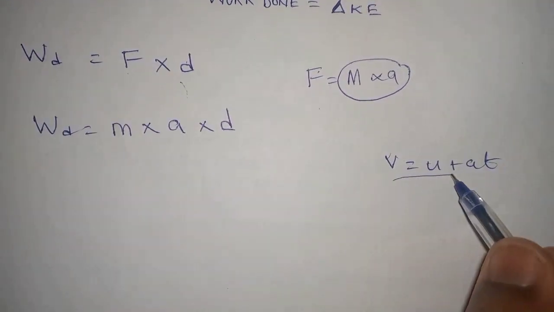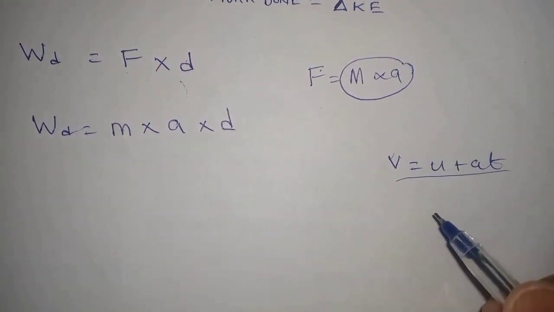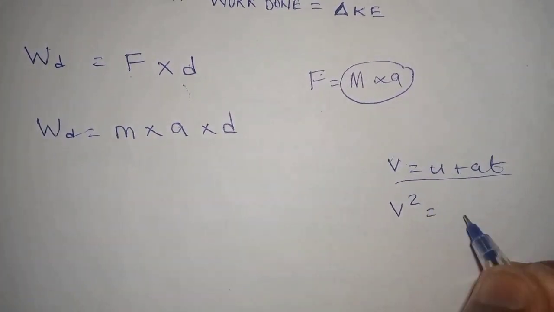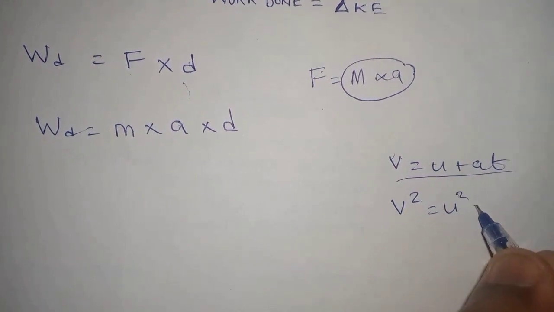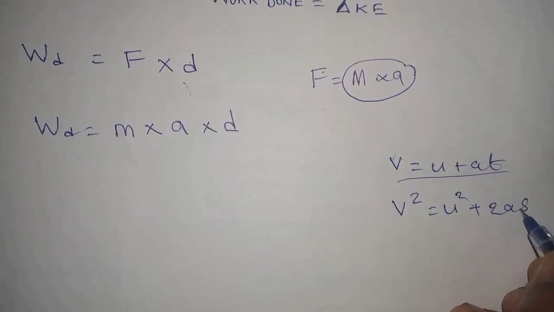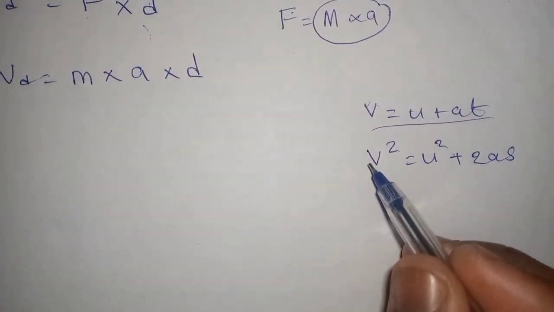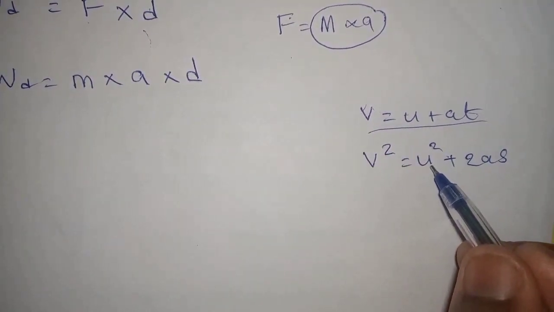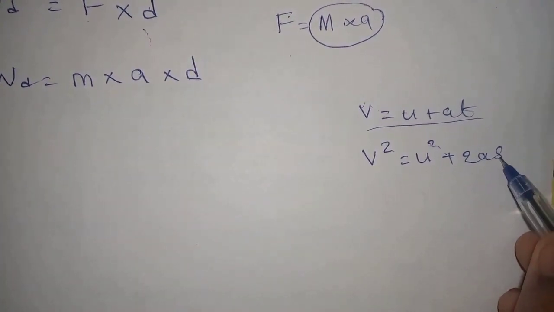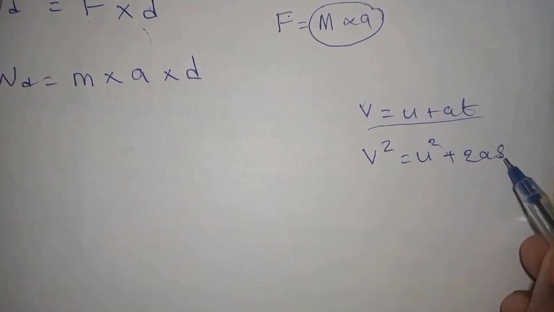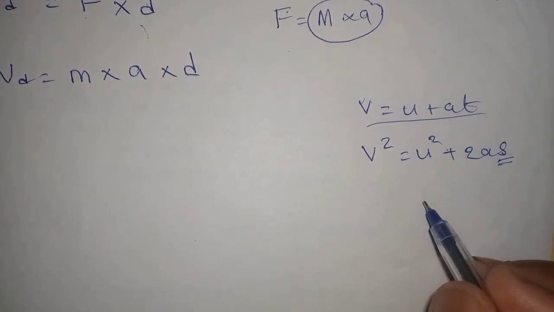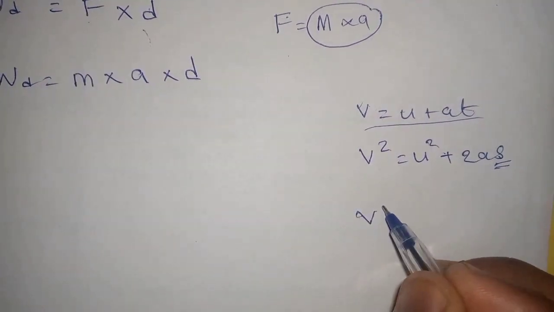In this equation, we don't have distance, we don't have displacement, but we have this equation: v squared = u squared + 2as. In this equation, this is final velocity squared, initial velocity squared, this is acceleration, and this is distance. So when we make s, the distance, the subject of the formula, we are going to have the following.